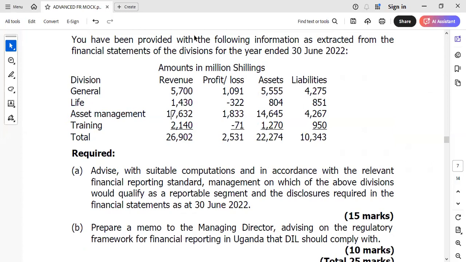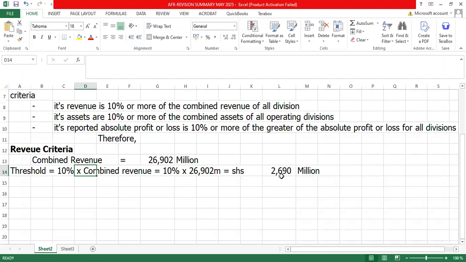But now in an exam, you don't need to keep on. You can first do all the workings, first set the threshold for all criteria, then you advise at the end. Okay. So if I was to advise using only the revenue criteria, we have 2,690.